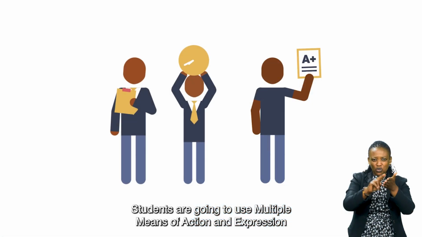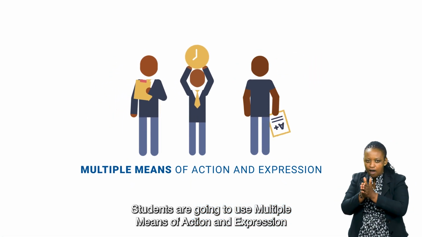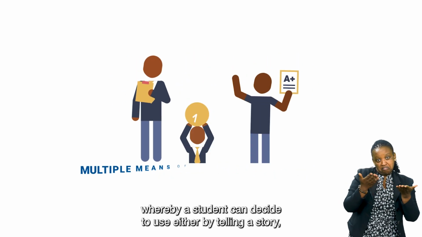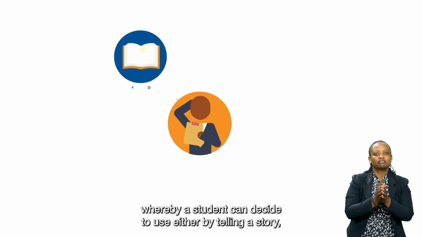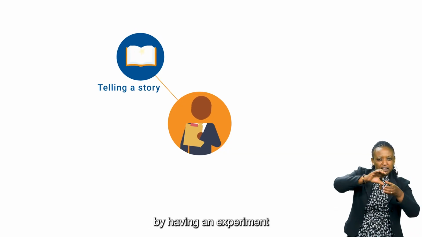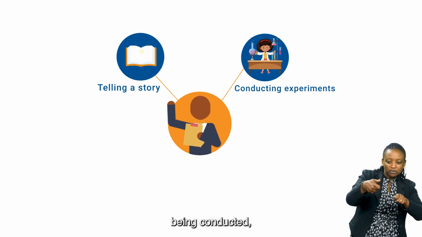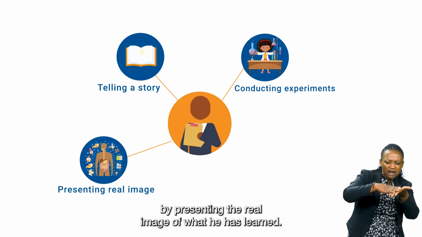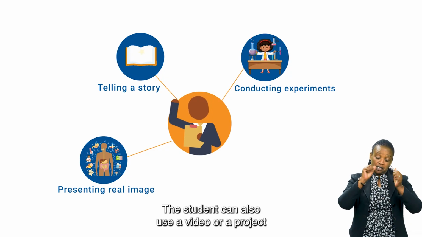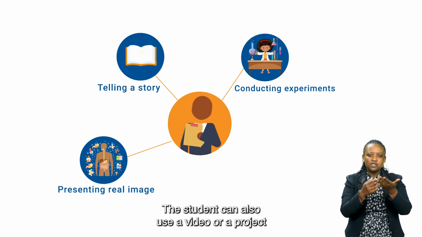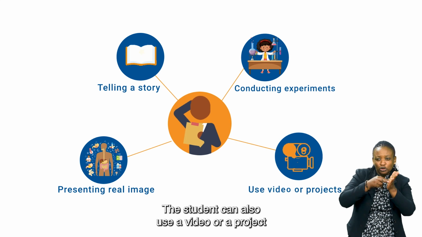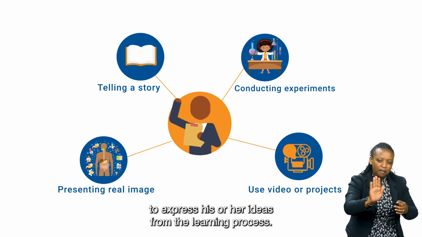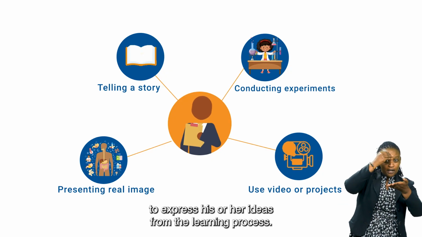Students are going to use multiple means of action and expression, whereby a student can decide to use either telling a story, having an experiment conducted, or presenting the real image of what he has learned. The student can also use a video or a project to express his or her ideas from the learning process.